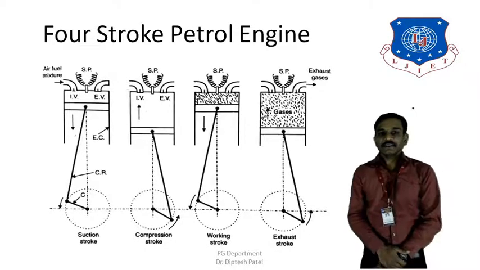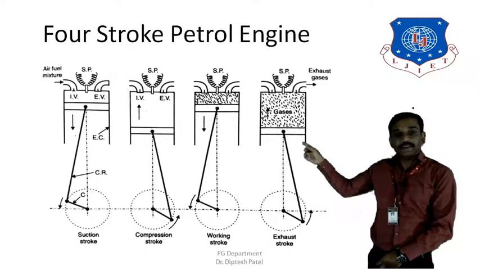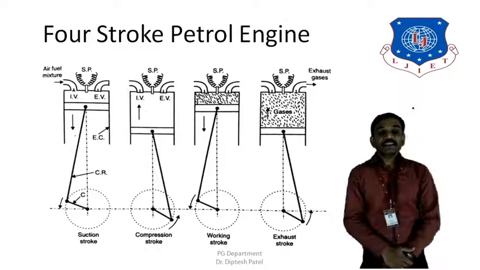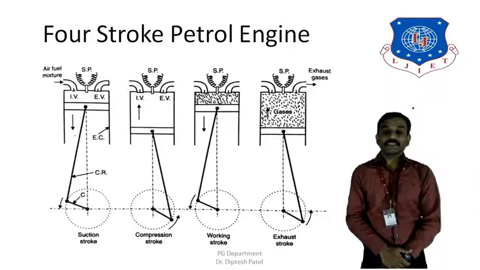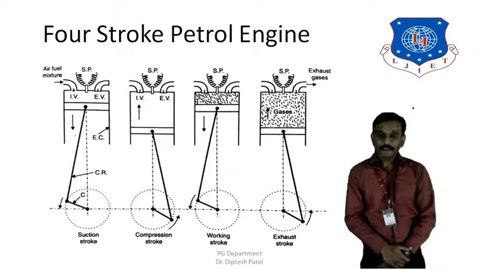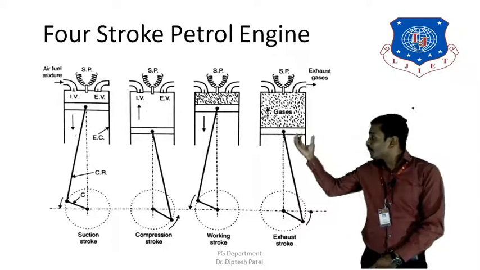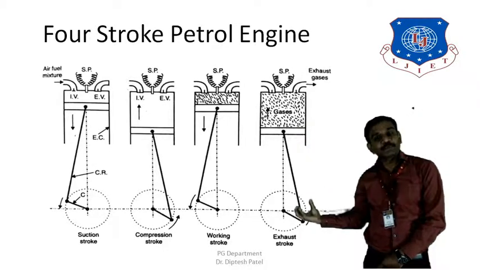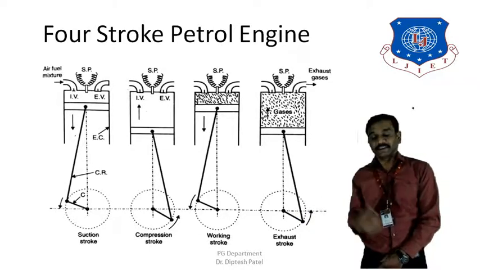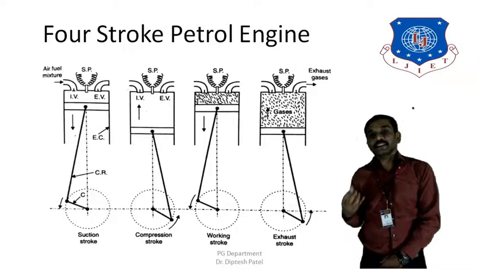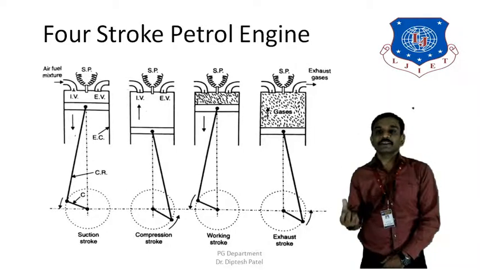First of all, in the first diagram you can see that in the initial condition the piston remains at the top dead center, which is known as TDC. Now when the piston moves from TDC to BDC, the bottom dead center, suction is created inside the cylinder, and due to that the pressure inside the cylinder reduces to less than atmospheric pressure.